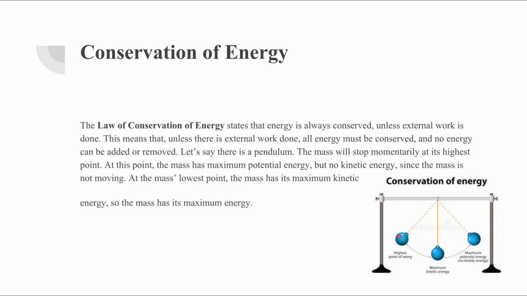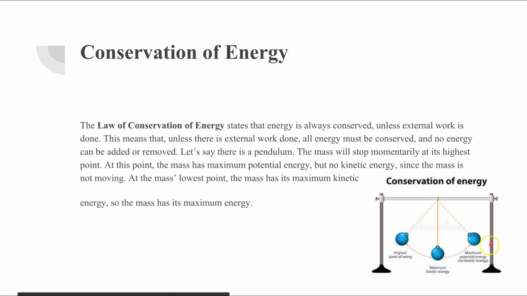So this will be its highest point. However, it will swing back down, and at its lowest point, it will have its maximum kinetic energy, right? Because it's the lowest point, and this is also its fastest point. Why? Maximum kinetic energy. All the potential energy will be kinetic energy. All right?